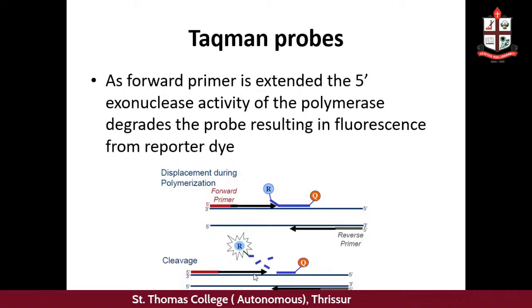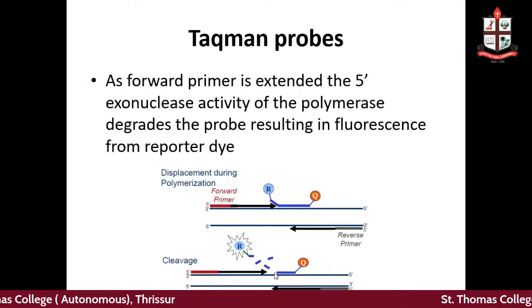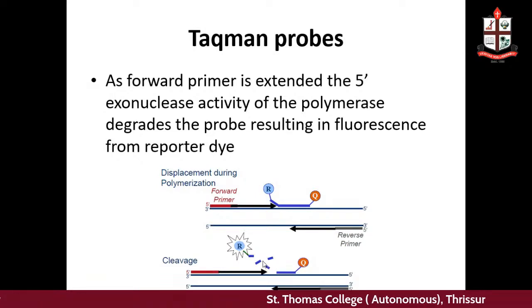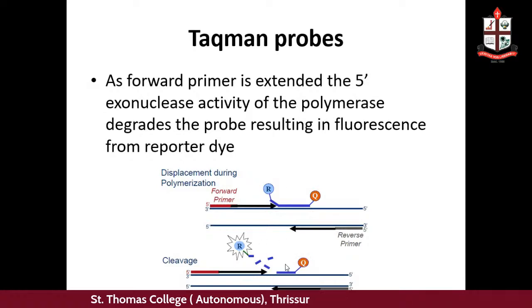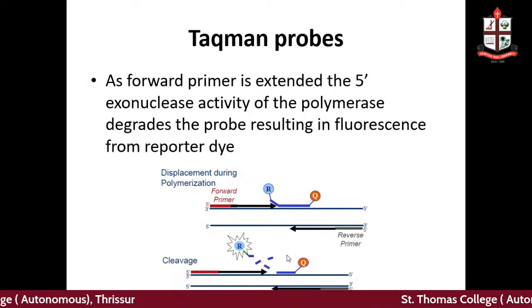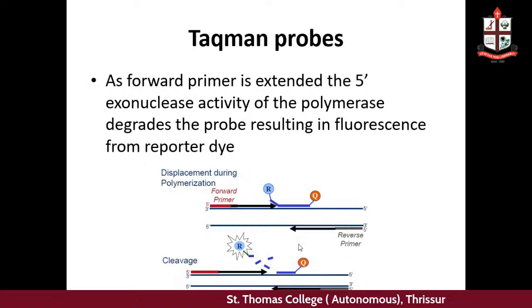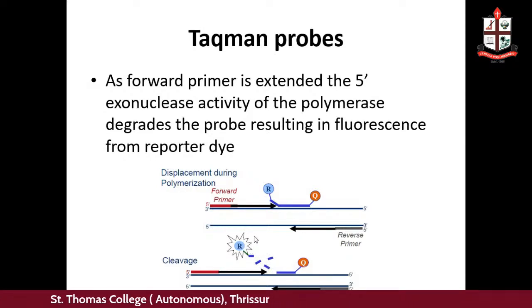You can see in the picture here. So the Taq DNA polymerase will degrade the probe by its exonuclease action. When this happens, the reporter and quencher will be separated, so no longer are they close together. So FRET cannot happen, and now the reporter fluorescence will be visible.